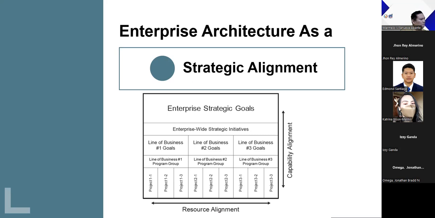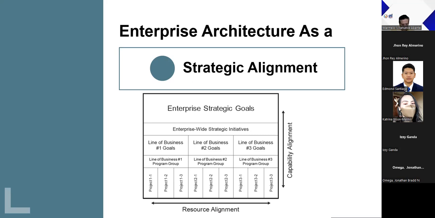Projects within the enterprise are reviewed to determine if they support one or more enterprise strategic goals. If a resource or a project is not aligned, then its value to the enterprise will remain to be integrated.